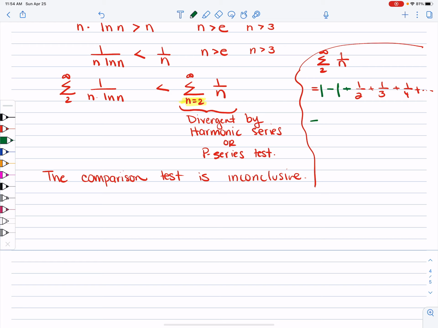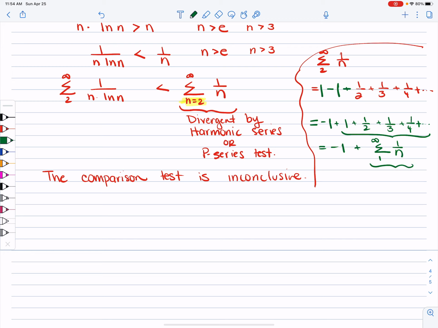So I can say that that is equal to -1 plus 1 plus 1/2 plus 1/3 plus 1/4 all the way till infinity. So you're going to have -1 plus sigma as n goes from 1 to infinity of 1 over n.